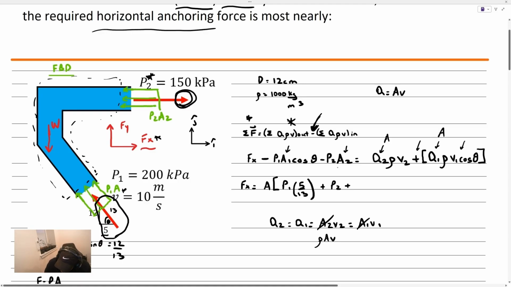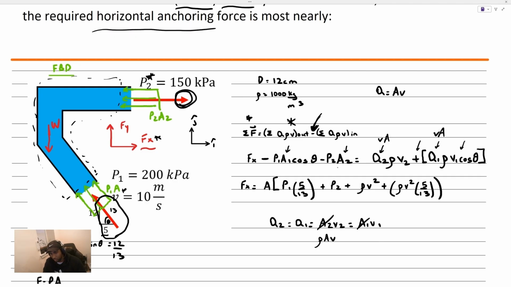Okay, so let's continue on. If we substitute in here a speed and an area, what we end up getting is that area term we already factored out. We have a rho v squared term for the first term, and then added to the cosine component of a rho v squared term. So we have a rho v squared term, but it's not the full thing, it's the 5/13 component of it, the cosine theta component.